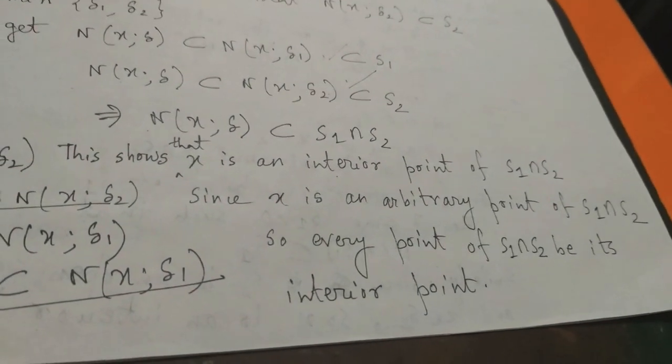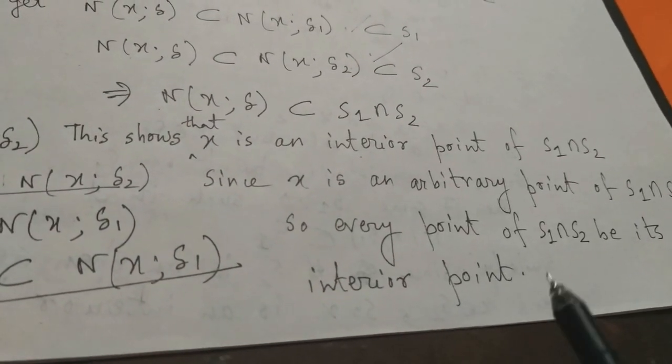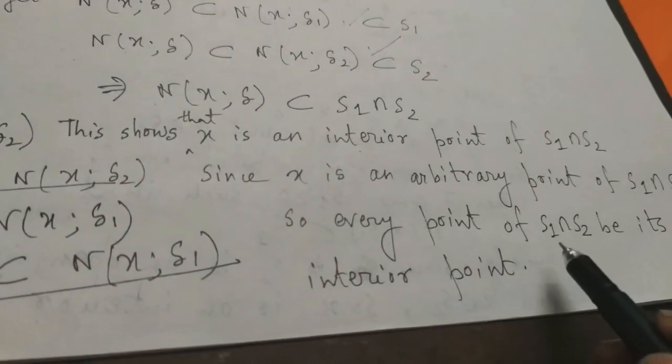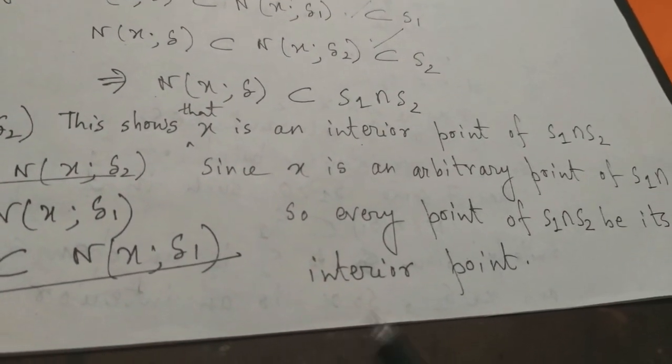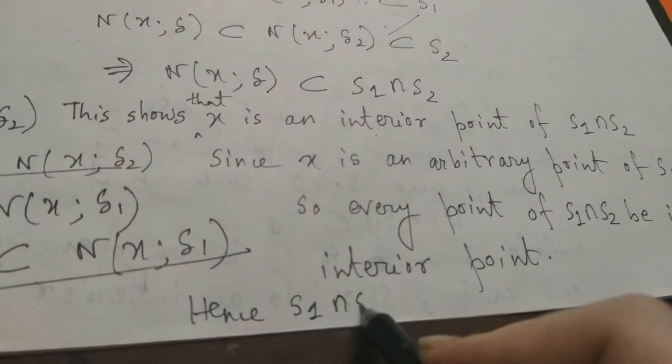Now what is the definition of open set? A set S is said to be open if every point of S is an interior point. Now every point of S1 intersection S2 is an interior point. Hence S1 intersection S2 is an open set.